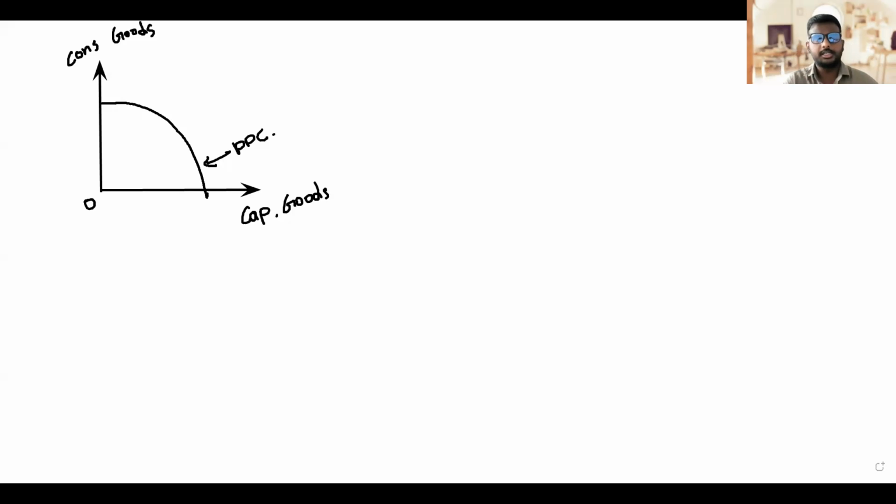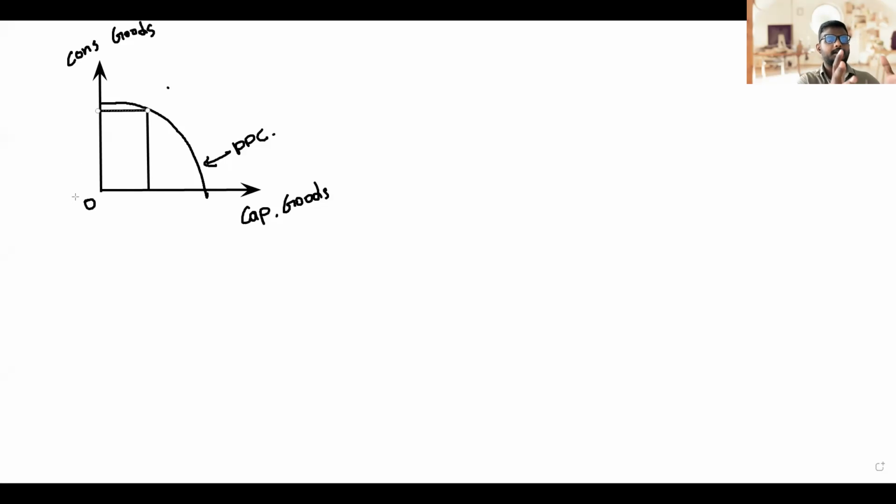Now, if a country, let's say, uses majority of their resources, right? Uses majority of their resources to produce consumer goods, and only a little is used to produce capital goods.